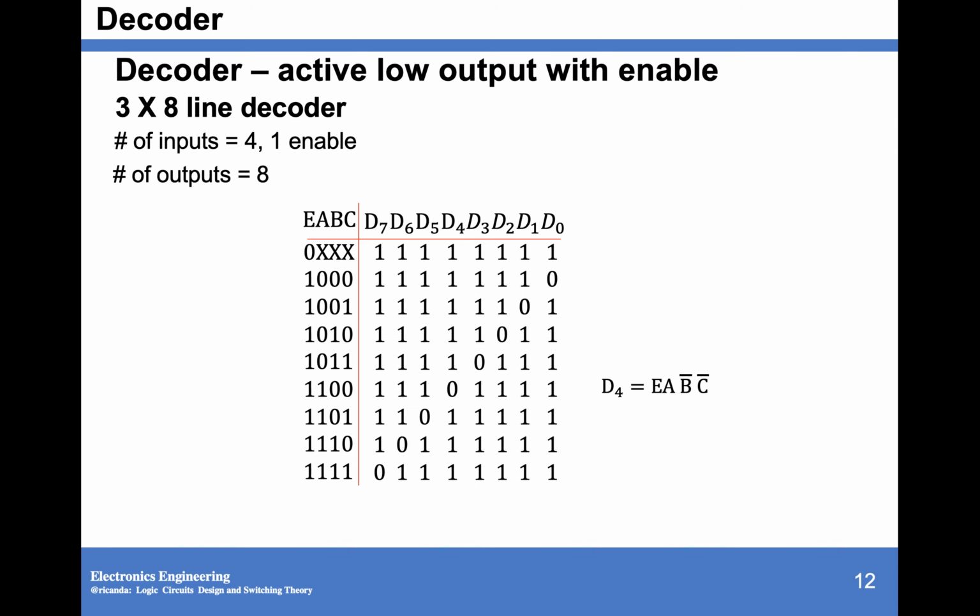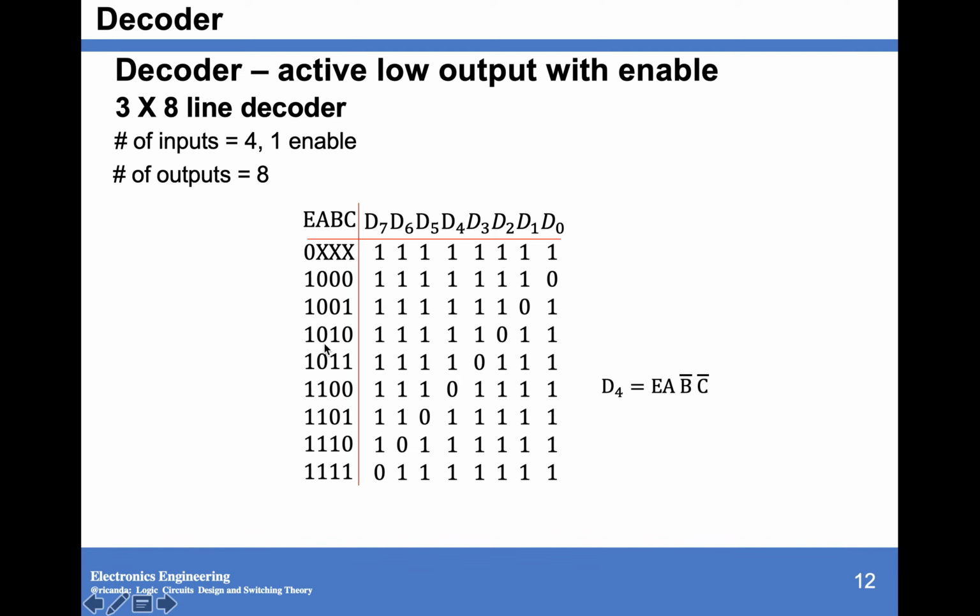So this is now your active low output. If you see active low, it means that when your input is 000, that belongs to D0. So D0 must be equivalent to 0 because it is active low. If you have 001, then D1 is 0.